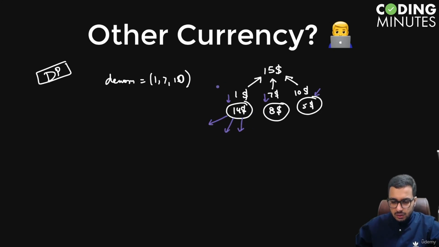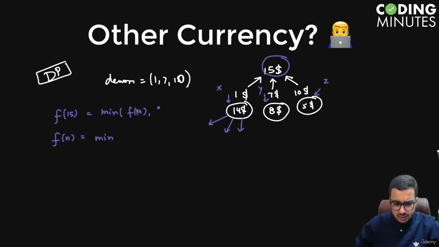But let us say you need X coins to make $14, Y coins to make $8, and Z coins to make $5. So your answer to make $15, let's say f of 15, or f of n, would be the minimum of these 3 values: minimum of f of 14, that is X, f of 8 and f of 5, plus 1.